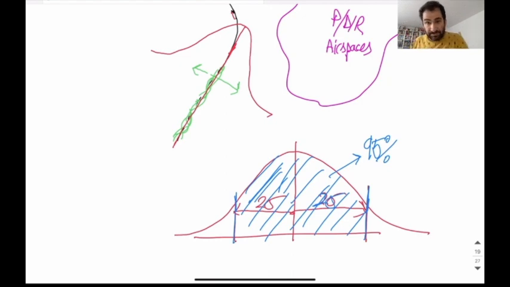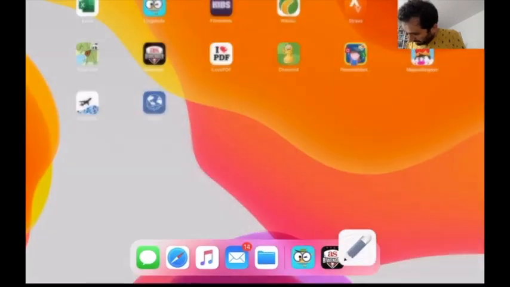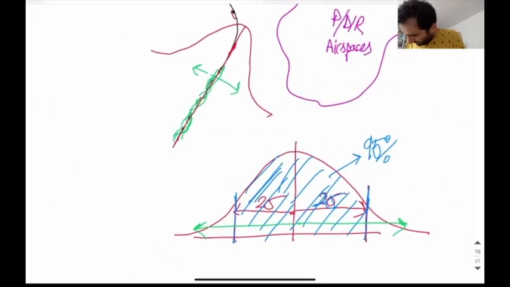And if we double the container, the say 4 sigma one, then the area under the whole curve is covering now 99.99% of the cases.